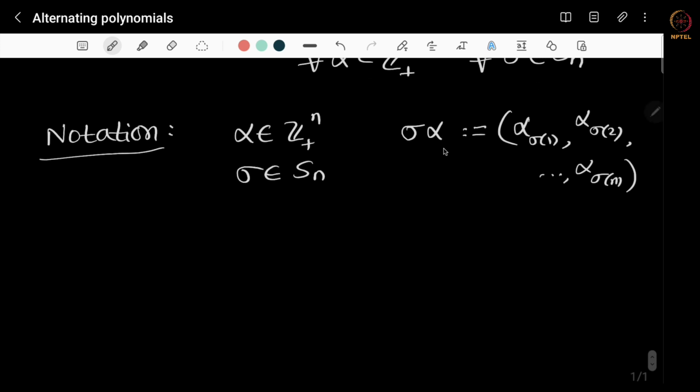Now observe a very quick fact from here. There are two facts really, just from the definition again.